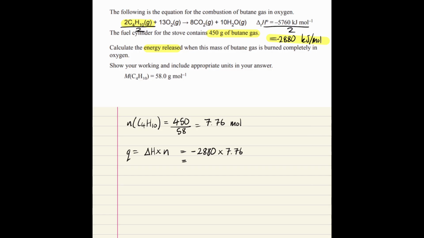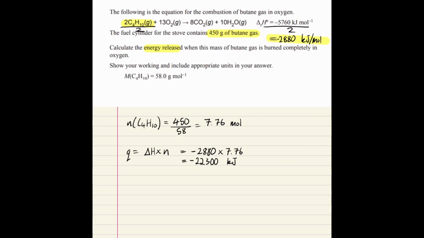Negative 2880. That's minus 22,300 if we're doing it to 3 sig fig, which you should be always. Don't forget it is in kilojoules.